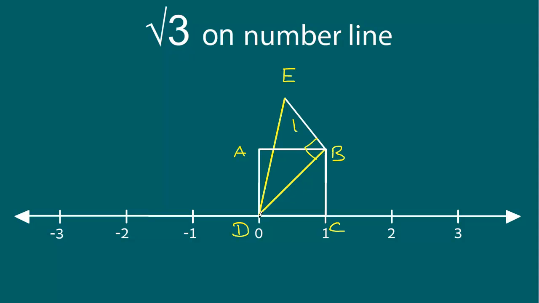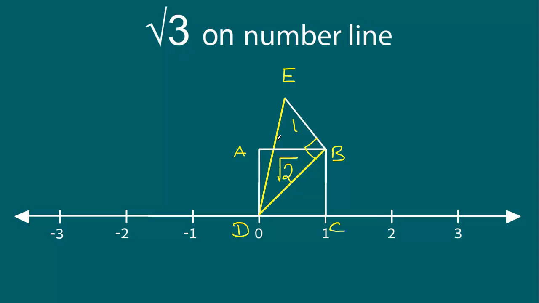And we also know the length BD, that is this length, is square root 2, right? This is the diagonal, the length of the diagonal of our unit square ABCD. So unit square ABCD and BD is the diagonal. This is square root 2.